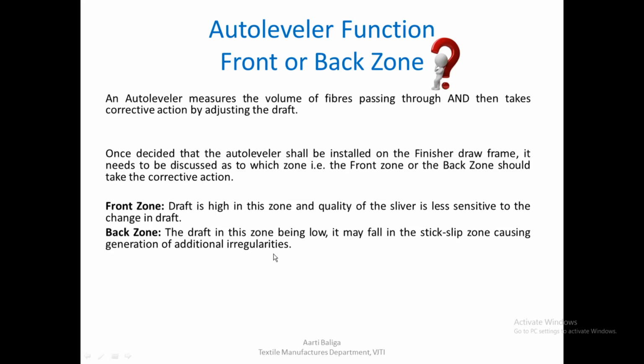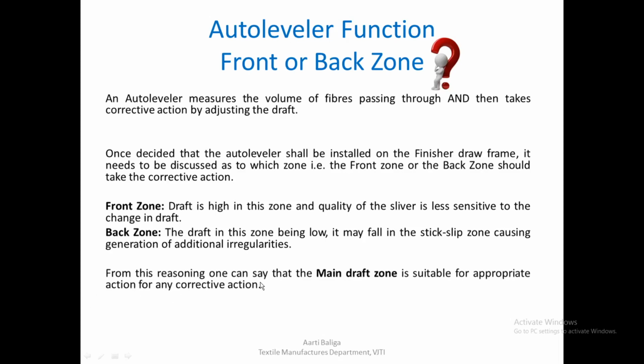Again, the background of this entire lecture has been discussed in under drafting courses, so maybe you can go and refer to that particular lecture. From this reasoning, one can say that the main draft zone is suitable for any kind of corrective action that we may want to take.